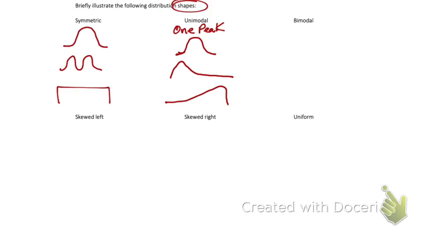Bimodal, what's bimodal? Two peaks. So this is going to be our camels, our deformed camels, our other way deformed camels. So yes, we can have bimodal and skewed as well. We can have bimodal and symmetric. Okay, skewed left and right.